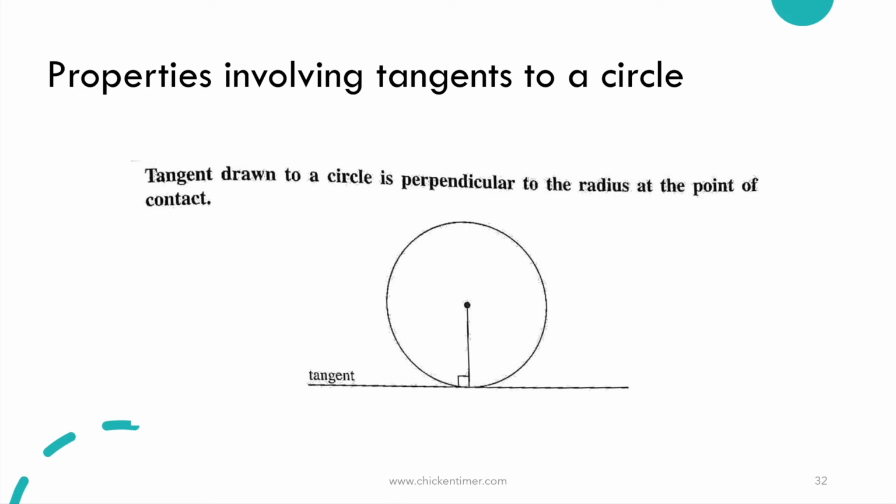Then we have more properties involving tangents to circle. So you can have a tangent, and then the tangent is always perpendicular to the radius. So this is 90 degrees.